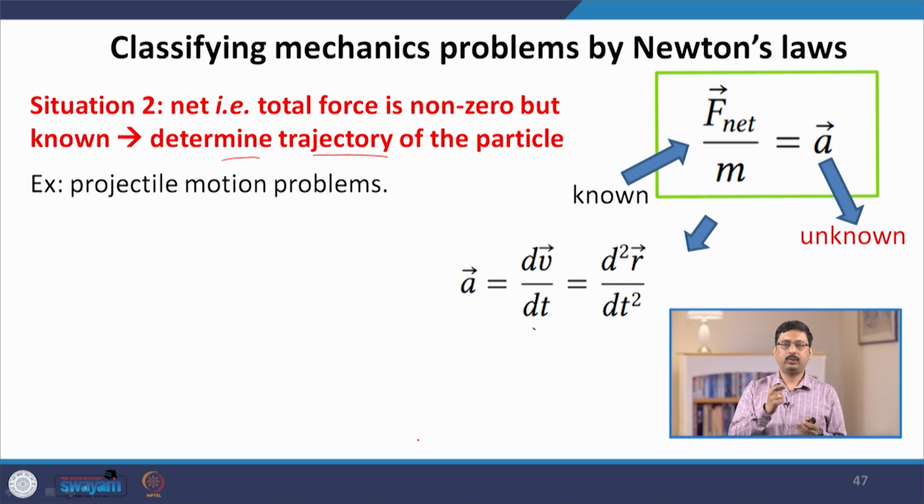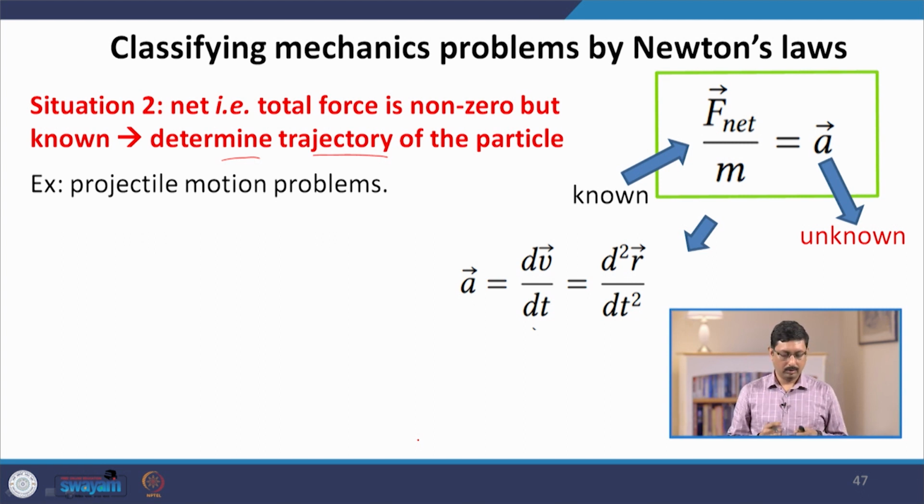In this case the force due to gravity is known. It may also have a drag force due to the air through which it is moving, and that is also given. In this case we want to know the path, the trajectory the particle is taking, and how the position and velocity change with time.